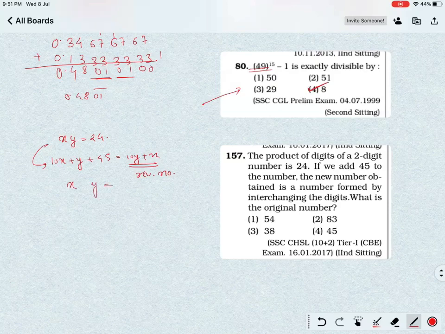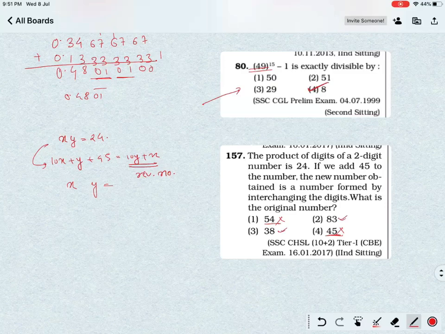But if we see a shortcut, they say that 45 is added to the number so that we'll get the new number, and the product is 24. So 5 into 4 is 20, it is cancelled. 4 into 5 is 20, it is cancelled.